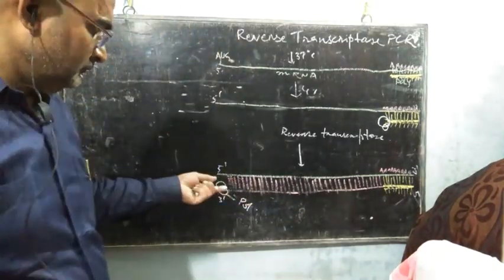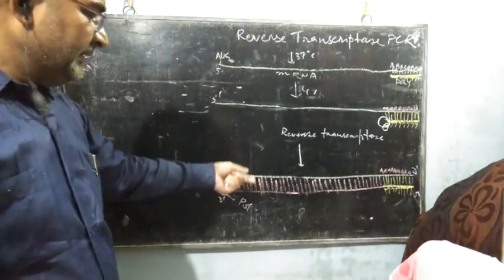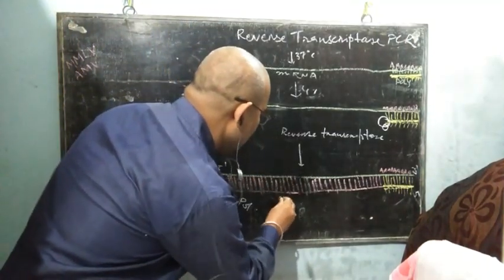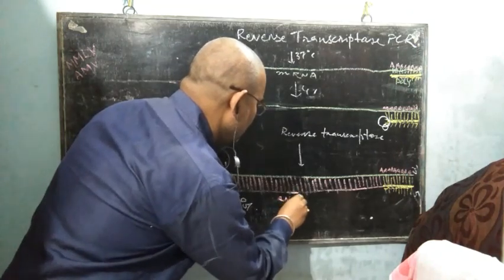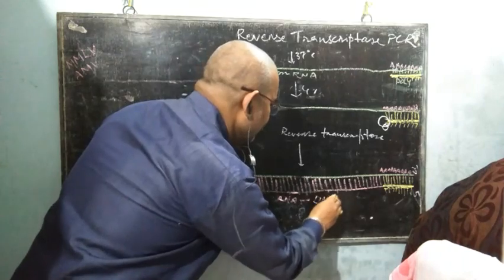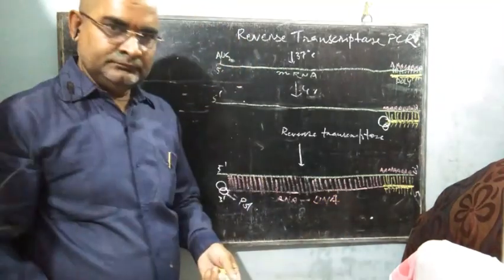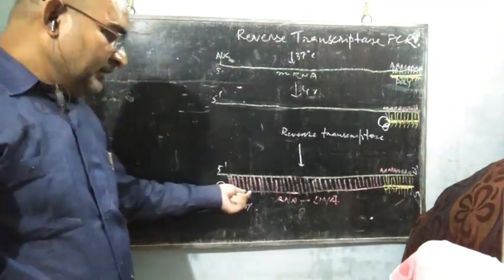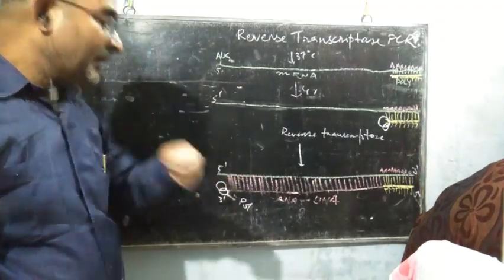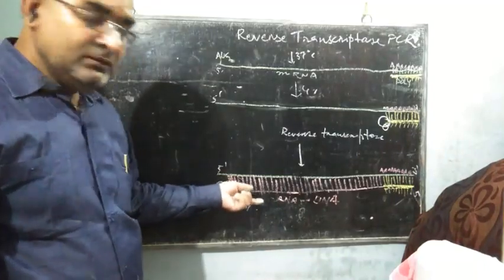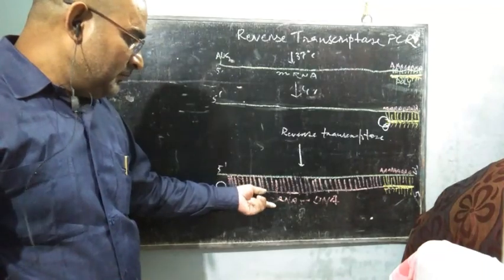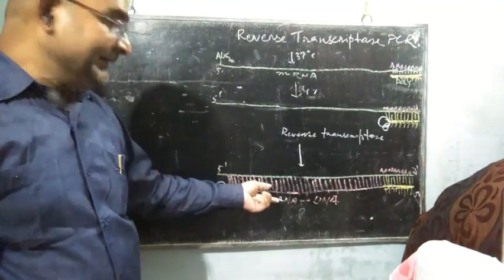In this way, we observe that a hybrid of RNA and DNA is formed. But here the DNA is complementary to the mRNA or RNA used, and it is single-stranded.